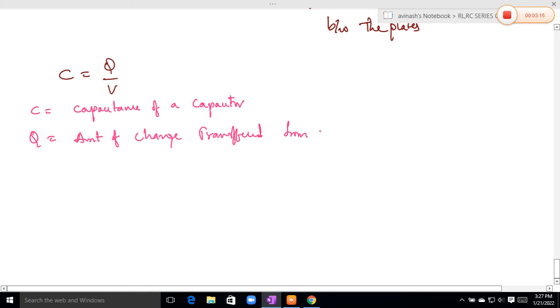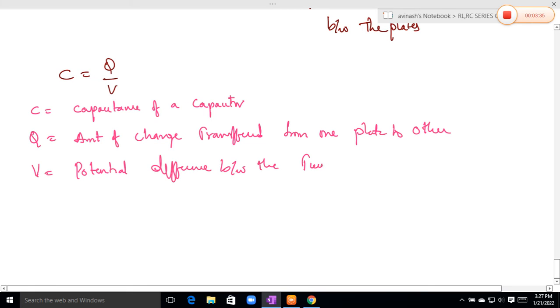What do we mean by V? V is nothing but the potential difference between the two plates. Okay.